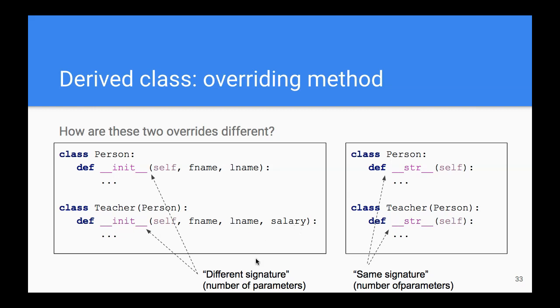In C++ or Java lingo, these two methods have different signatures because they differ in the number of parameters. However, for the Dunder string method, the signature did not change. It might look different that way, although the difference in practice does not matter in Python.